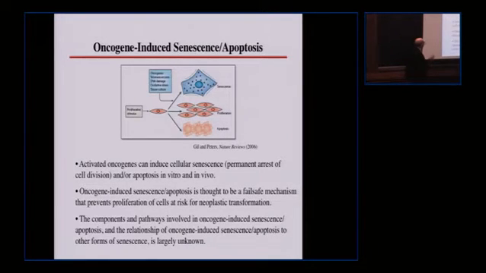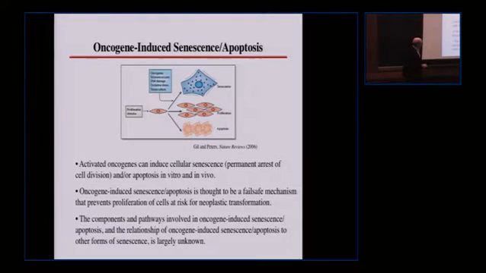The response can either be the induction of apoptosis, cell suicide, or in many cases, a state of permanent growth arrest referred to as cellular senescence. And this is now well established to be a fail-safe mechanism that prevents proliferation of cells at risk for neoplastic transformation.